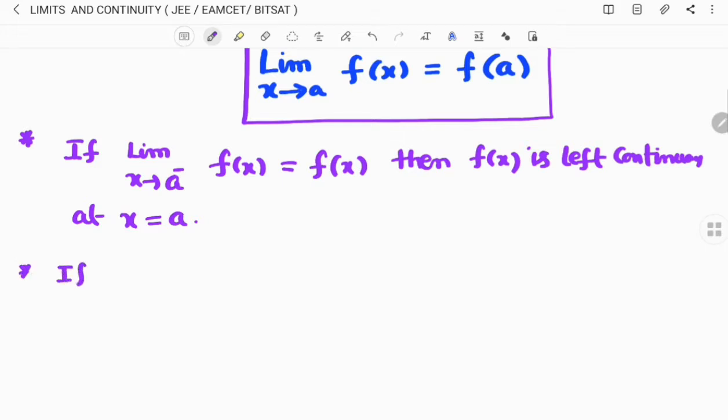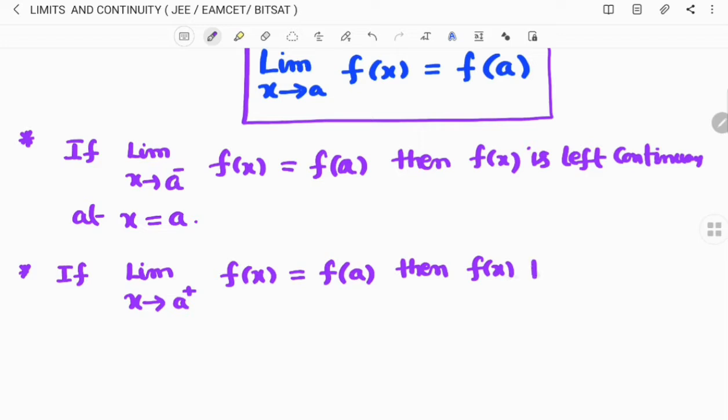If limit x tends to a plus, f of x is equal to f of a, then f of x is right continuous at x equal to a.